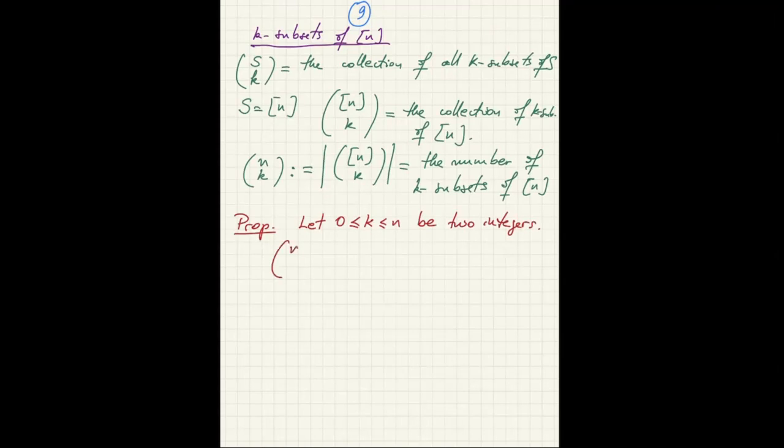Then we're going to have that n choose k equals n times n minus 1, and so on, down to n minus k plus 1, divided by k factorial. And another formula, which is easier maybe to remember, but maybe not so easy to use, is n factorial divided by k factorial times n minus k factorial. Okay.